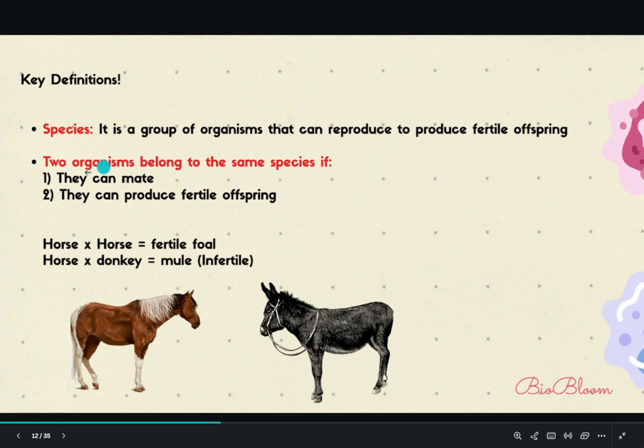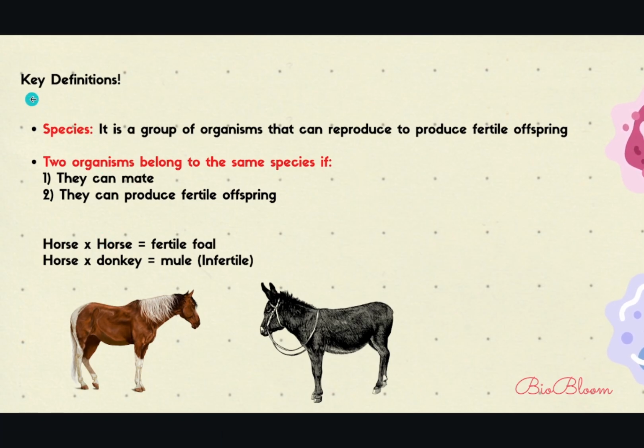Alright, so in this subtopic, first we need to learn about some key definitions. The first key definition that we're going to be learning about is species. So what is species? It is a group of organisms that can reproduce to produce fertile offspring.